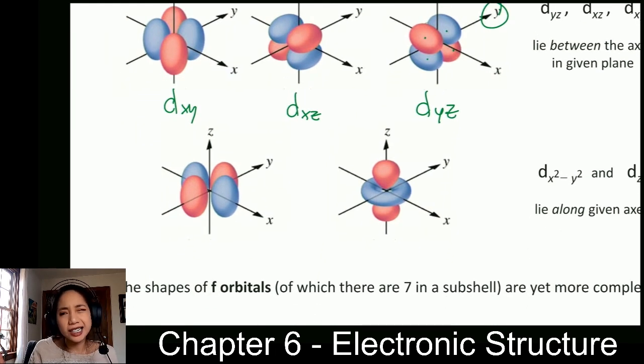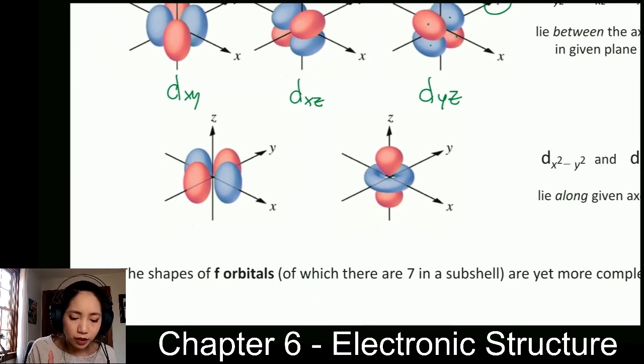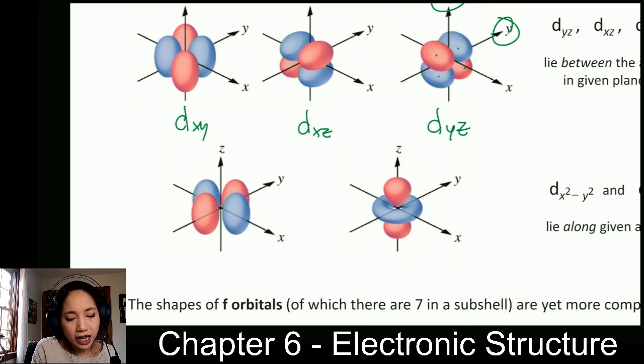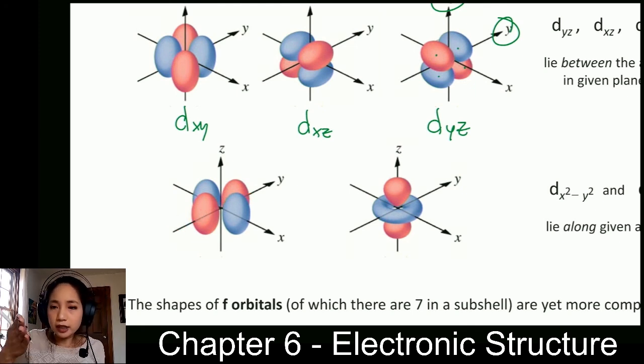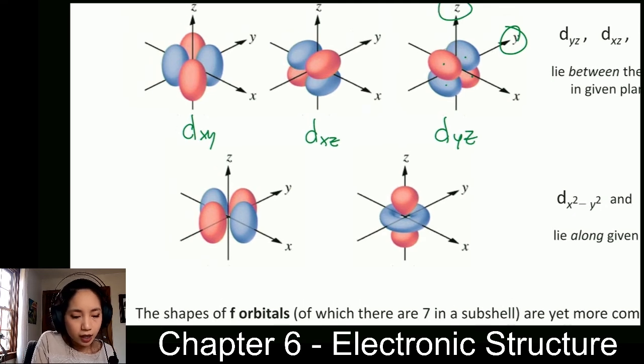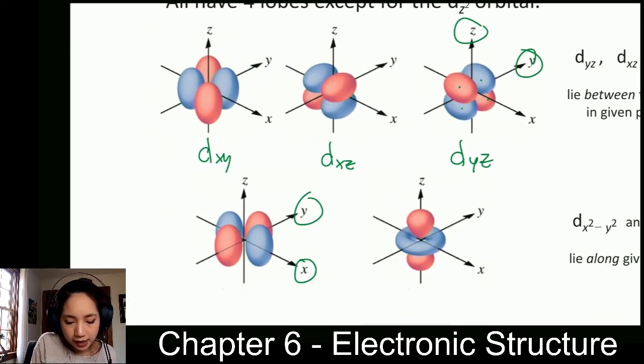And then here are the weird ones. We still have 4 lobes in this picture, but the lobes are no longer lying between the axes. Instead, this shape is lying on the x and y axes. One lobe is directly on the y axis, and the other is directly on the x axis.